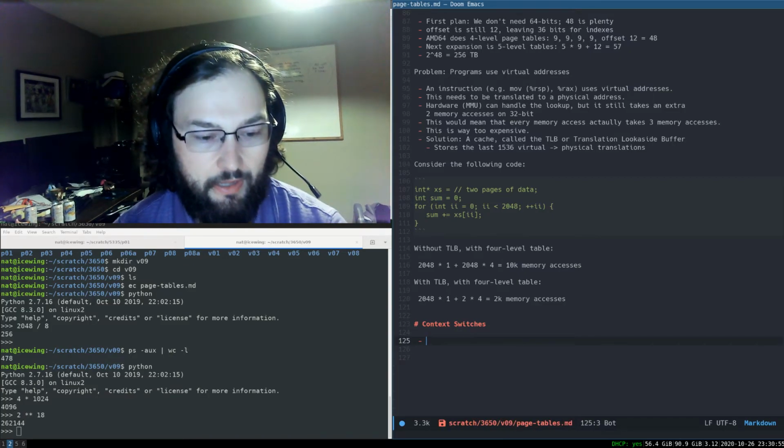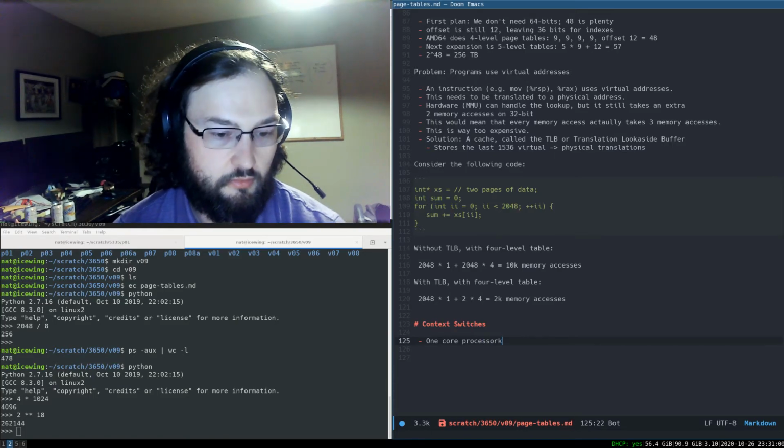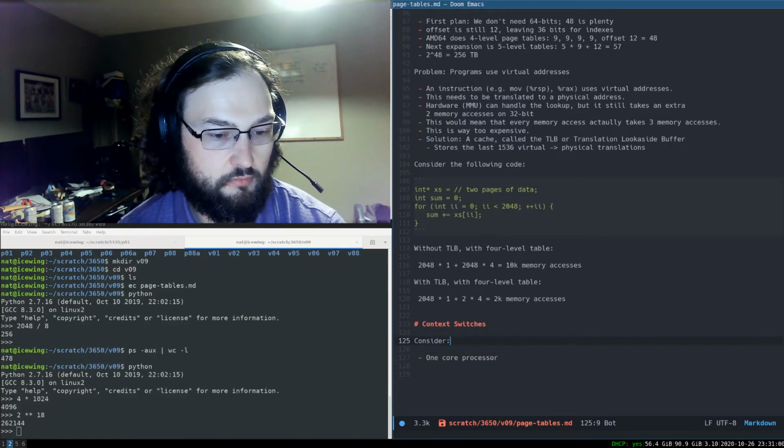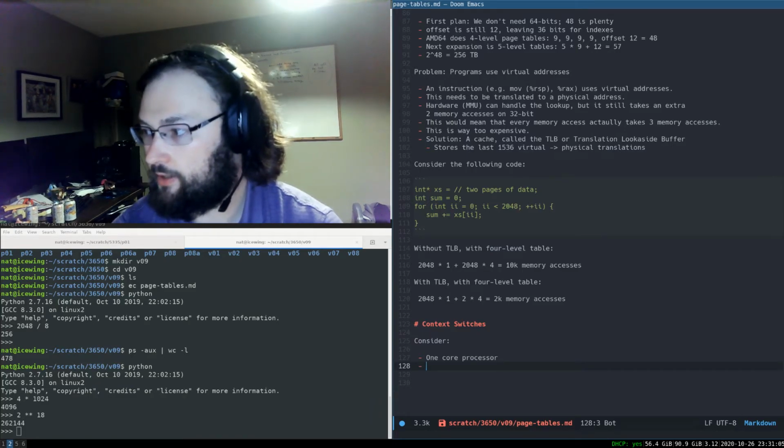So we're going to have a 1-core processor. It works the same on a multi-core processor, it's just a little bit more complicated.